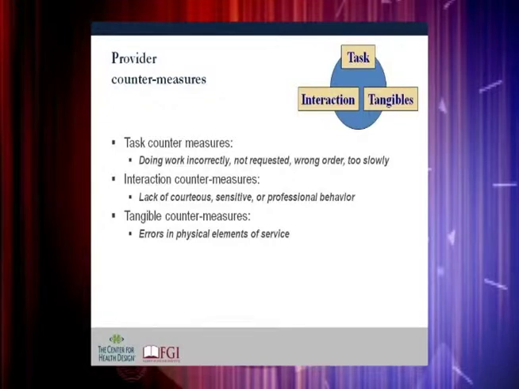So on the provider side, you have the task, which would be doing the work incorrectly or not requested or wrong order or too slowly. Interaction countermeasures, which is lack of courtesy or professional behavior, and tangible countermeasures like errors in the physical elements of the delivery system, like a wrong medication.